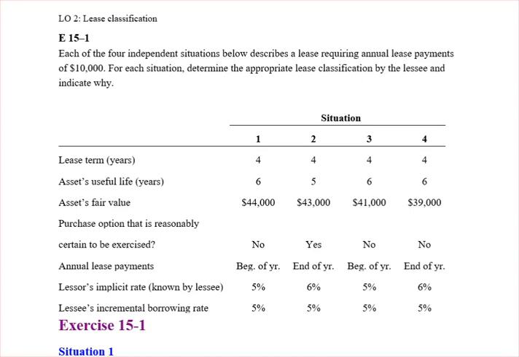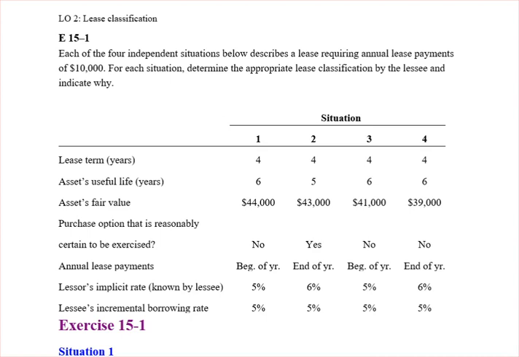You're going to have to calculate the present value here to determine the way in which the fair value relates back to the present value, because there's that 90% rule, and in this they do not give you what the present value is. So one of the first things you need to do here is calculate that.